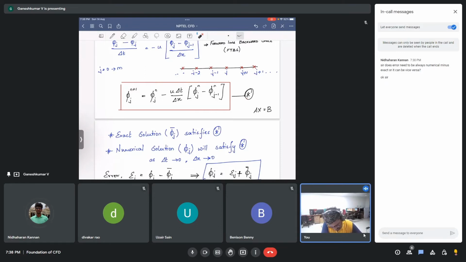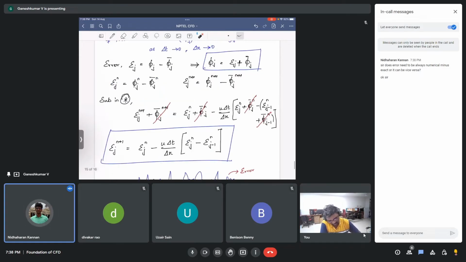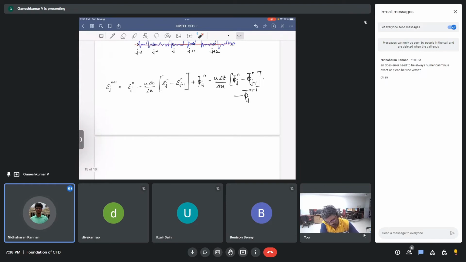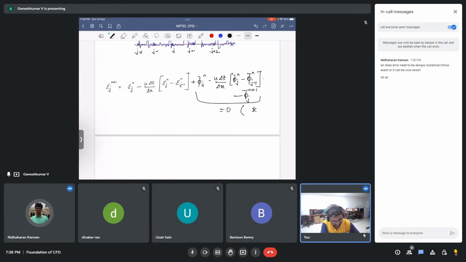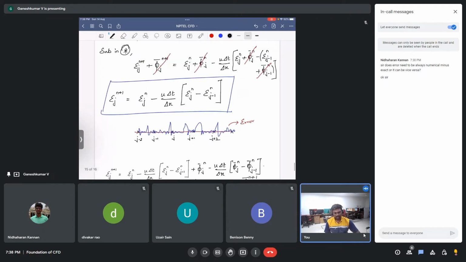So if you take this phi j to the other side, it will be minus phi j n plus 1, right? This side would be 0. So this whole term is actually equal to 0 because of the star equation. Okay, sir. Thank you very much, sir. So that's how we got this equation.